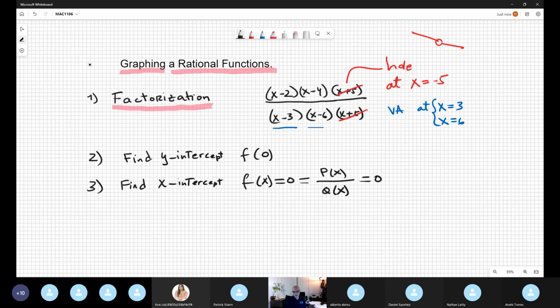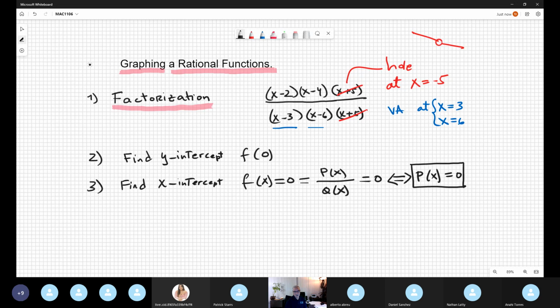Q is totally irrelevant. This is equivalent 100% to saying that P is equal to 0. So for the x-intercept, the responsibility is the P part, and Q does not participate. Do you understand this very well or no?